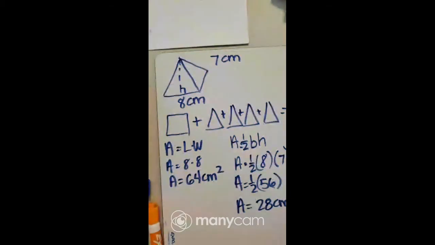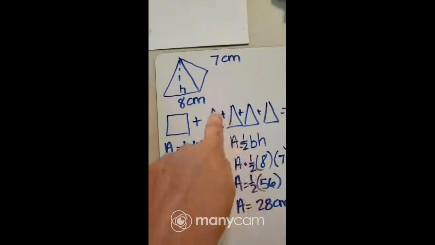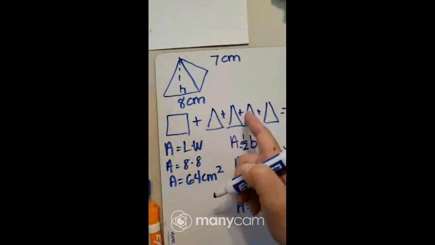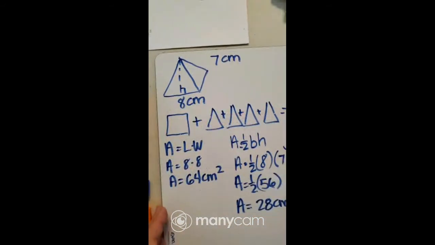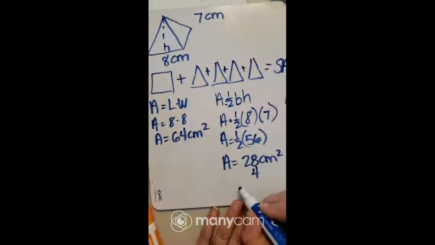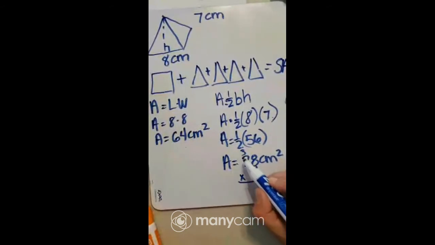So I need to multiply that times 1, 2, 3, 4. 28 times 4. 4 times 8 is 32. 4 times 2 is 8, 9, 10, 11. Now I take this 112 centimeters squared.